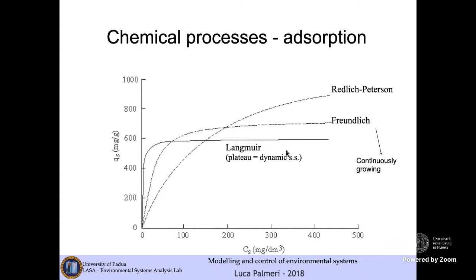So what you may describe with these three isothermal models is a process of transfer from the liquid phase onto the solid phase that is constantly increasing in a Redlich-Peterson model, or constantly but more slowly increasing in the Freundlich isotherm, and then a Langmuir isotherm in which we have assumed a monolayer adsorbent capacity, so that the concentration on the solid phase reaches a kind of plateau.